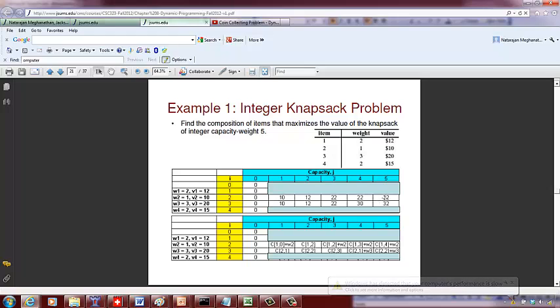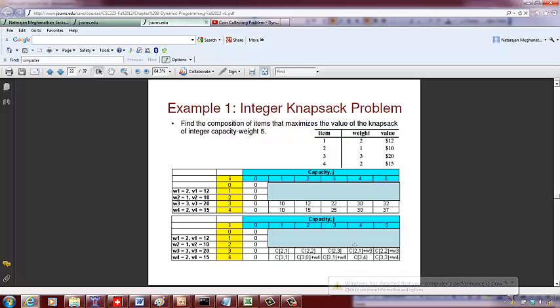You compare this 22 with 3 columns to the left, because w3 is 3, which is this one. Compare this 12, the top 12, with this 20, you will get 32, and 32 is greater than 30. So you got this 32 by going with C of 2 comma 2, this cell, plus item 3.